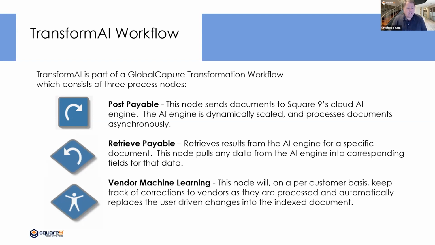So if you look at Global Capture, you have a capture workflow, and there's a lot of tools in that toolbox for you to build out a capture script. That could be separating documents, extracting information, removing blank pages, all kinds of things that could be done in the course of that transformation. These are just 3 additional nodes that allow you to perform this specific function as part of an overall strategy.